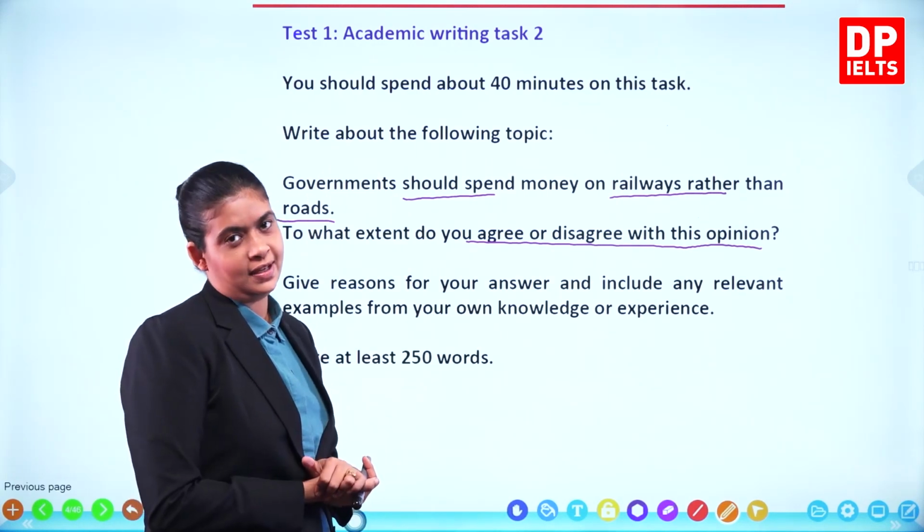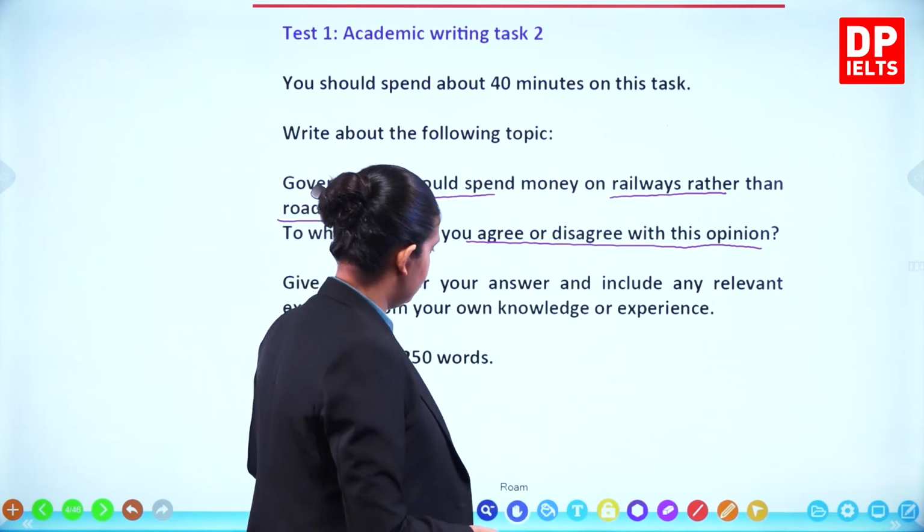Right, so hopefully you've written an answer. Let's have a look at a sample answer together.